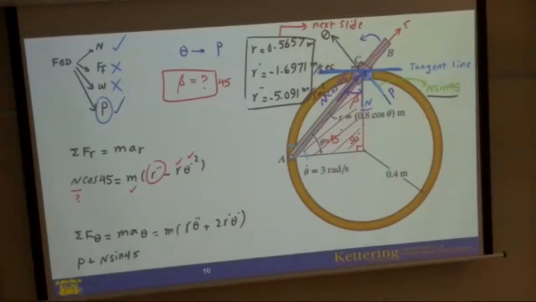Now I substitute. N cosine 45 equals mass 0.5 times R double dot, minus 5.091, minus R, 0.5657, multiplied by theta dot 3 square.